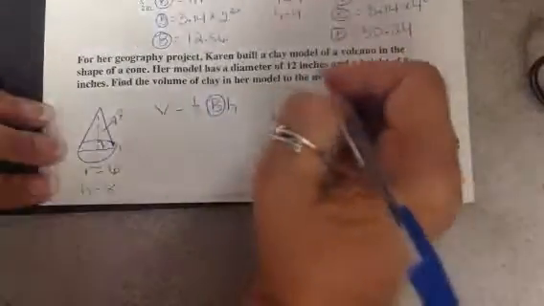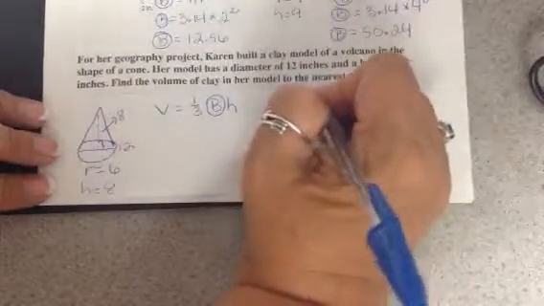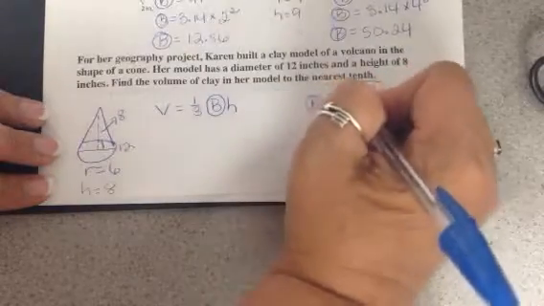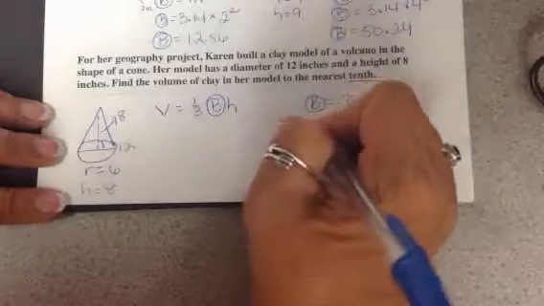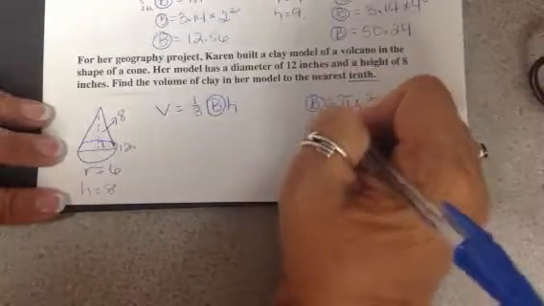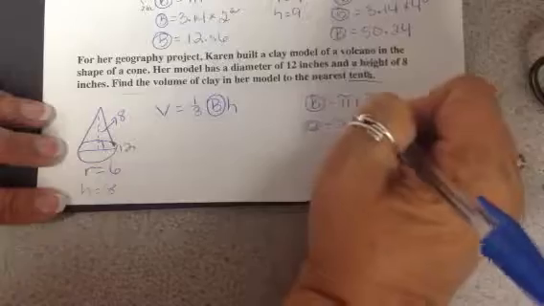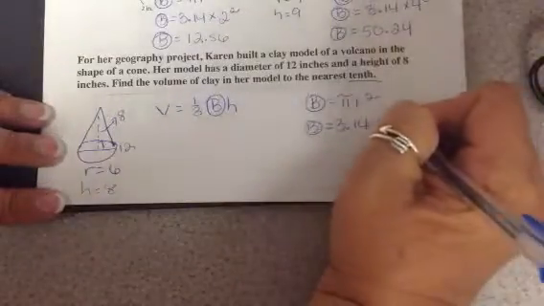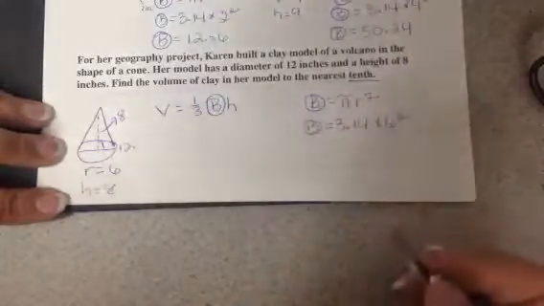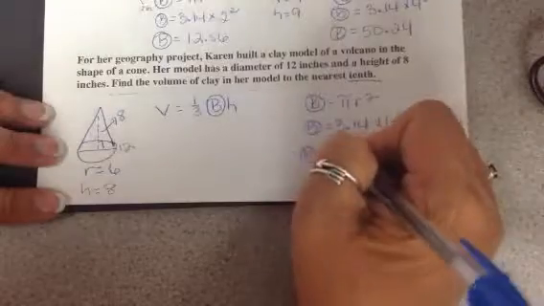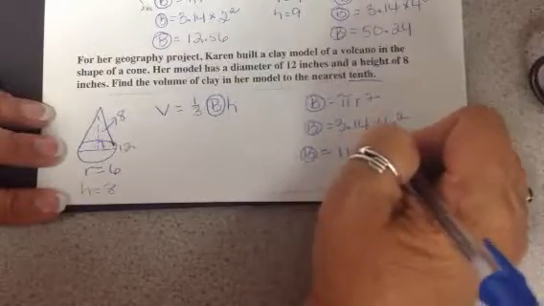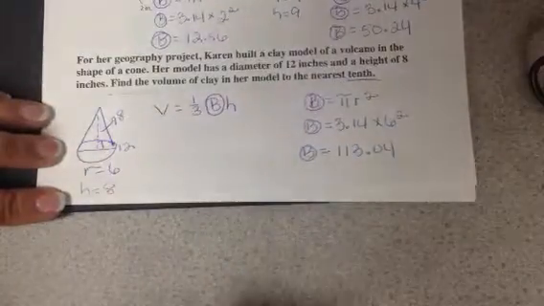I'm going to come off to the side, and I'm going to say big B equals pi r squared. And then I'm going to fill in. Big B equals 3.14 times my r, which is 6 squared. So big B equals 113.04.